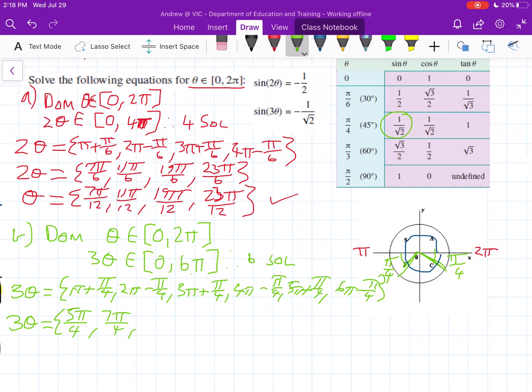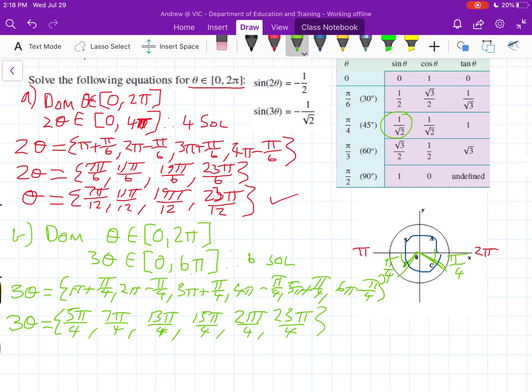Alright, so 3 pi on 4, this gives us 13 pi on 4. Next we have 15 pi. And you will see a bit of a pattern here when you are doing it, so that makes it a little bit easier to check that all your numbers are correct. And lastly, 23 pi on 4.